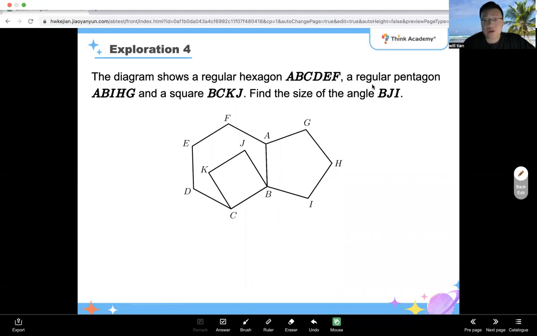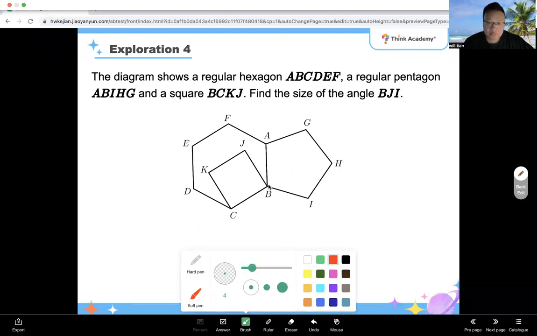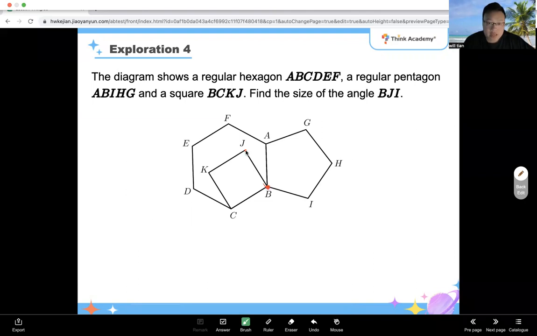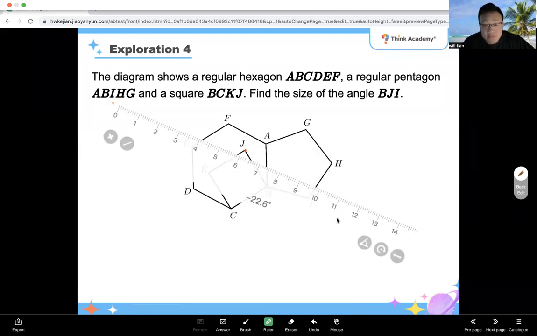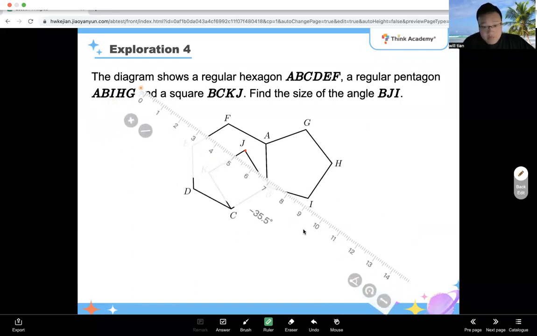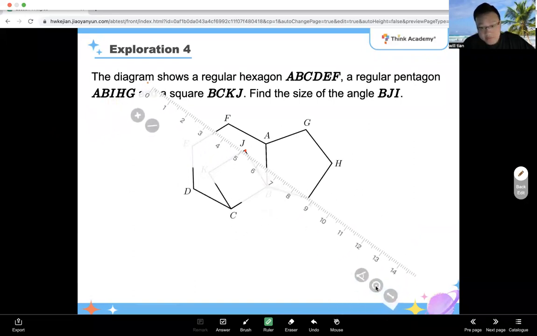And also a regular pentagon ABIHG, and also a square BJKC. You're asked to find the size of angle BJI. So this is B, this is J, and this is I. You'll find it's not connected. So let's connect them ourselves. We have to connect J and I.